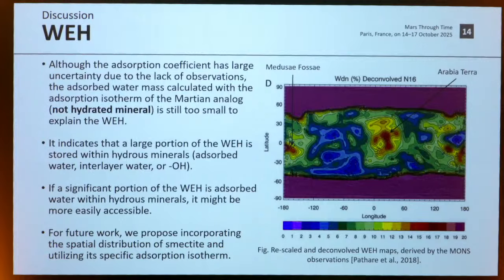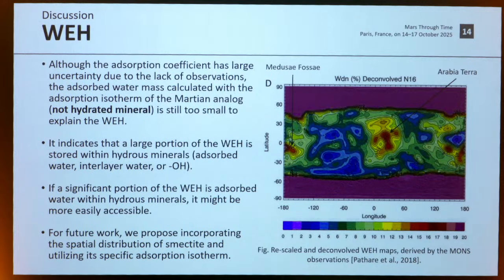Our results have several implications for the water equivalent hydrogen in the lower latitudes. Although the adsorption coefficient has large uncertainty due to the lack of observations, the adsorbed water mass calculated with the adsorption isotherm of the Martian analog is still too small to explain the water equivalent hydrogen.